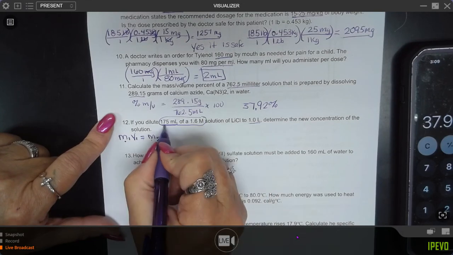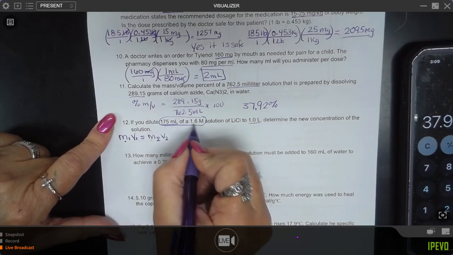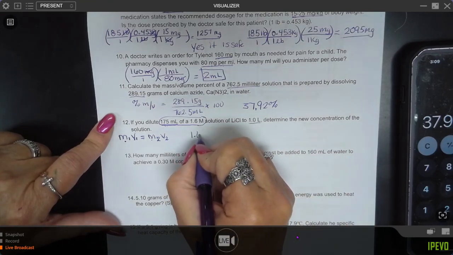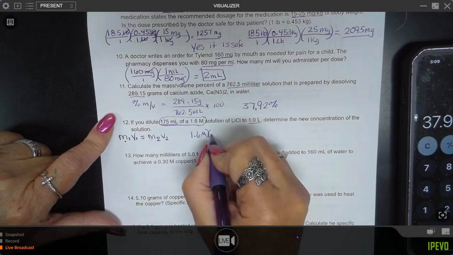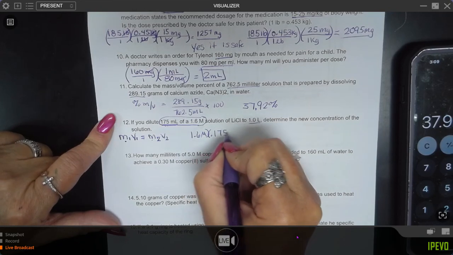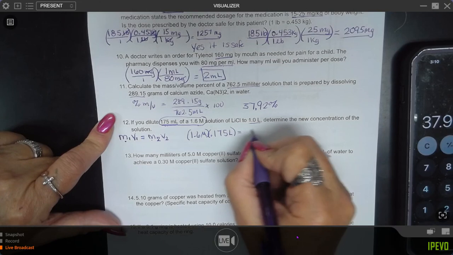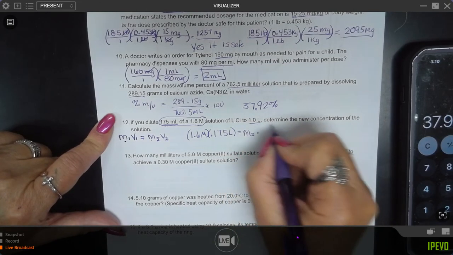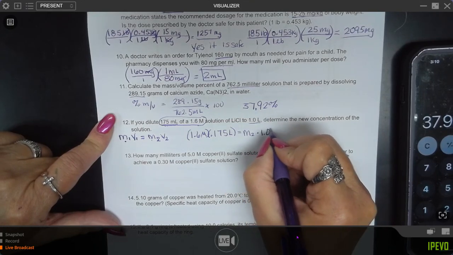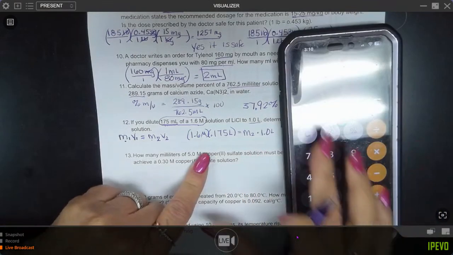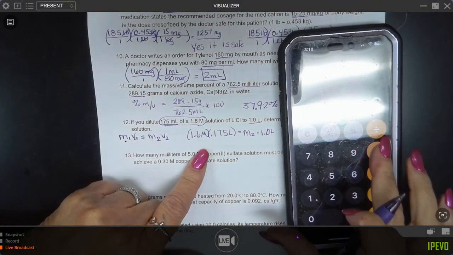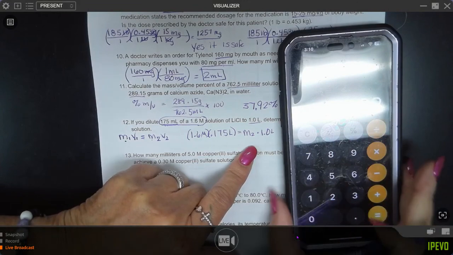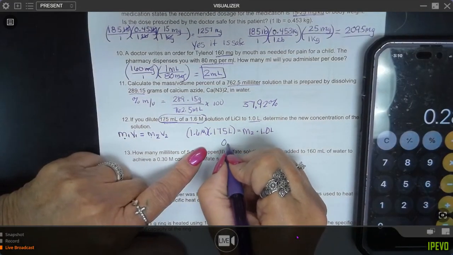So this is saying we have 175 milliliters of a 0.16 molar solution. So I'm going to do molarity 1.6 times volume 0.175 liters. Okay, we got to convert to liters, is equal to M2 times V2, which is 1 liter. Okay, so if I plug this into my calculator, I do 1.6 times 0.175 divided by 1 is going to be 0.28.